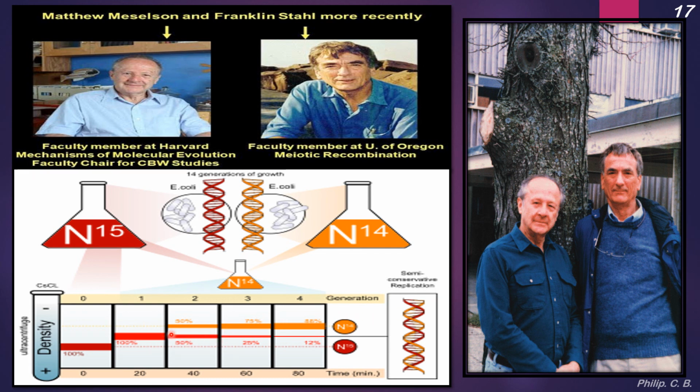And here is another image for understanding N15 and N14 in E. coli, how the generations of growth take place with N14 and N15, that is, heavy and light nitrogen. When you see the semi-conservative mode of replication, you can see one band which is red, that is N15, and the other is light, a yellow color, N14. So you can see how the semi-conservative mode of replication takes place in a simple image.